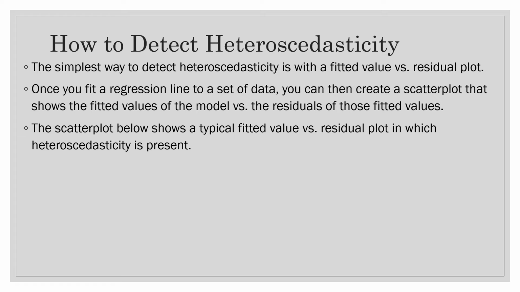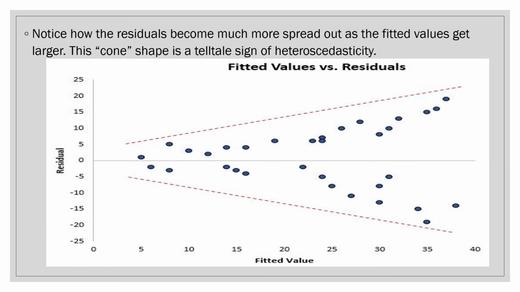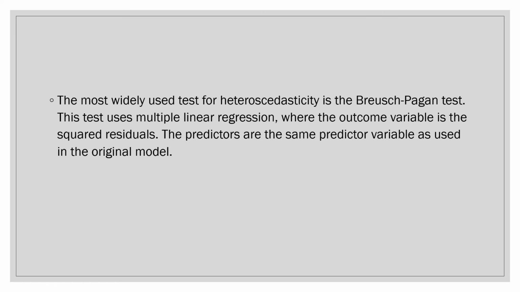Once you fit a regression line, then you can create a scatter plot, which will help to understand whether you have heteroscedasticity or not. Here, what you are seeing is a scatter plot, and the residuals become much more spread out as the fitted values get larger. The cone shape is a sign of heteroscedasticity.